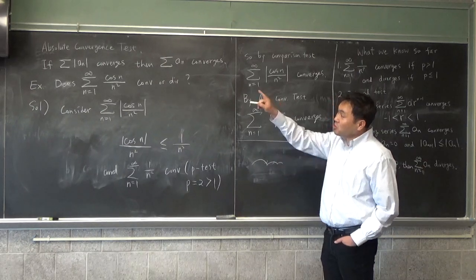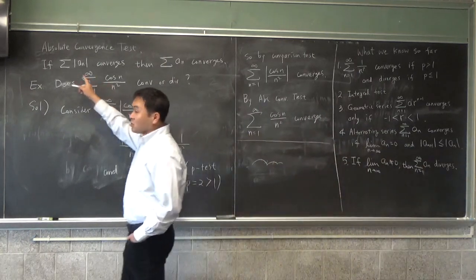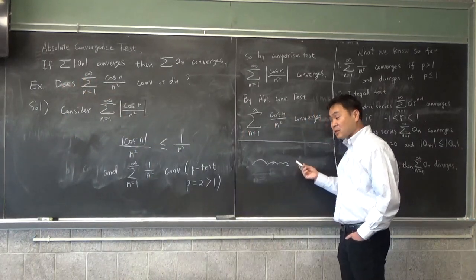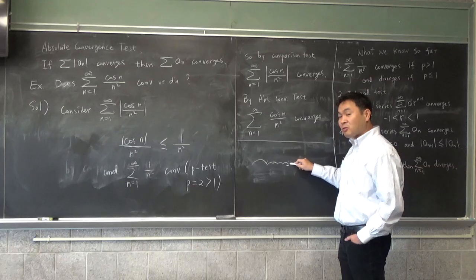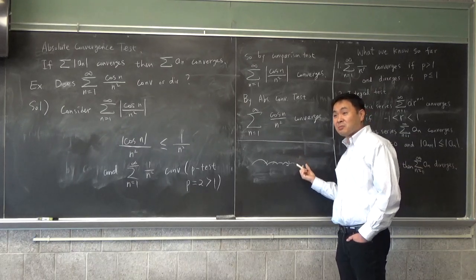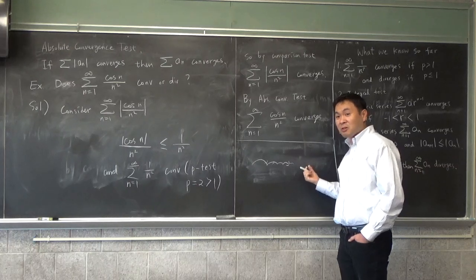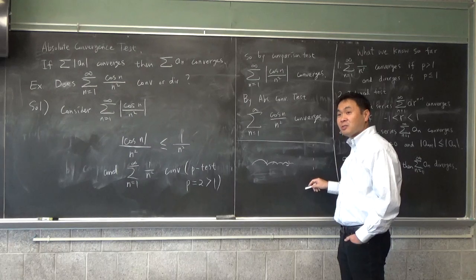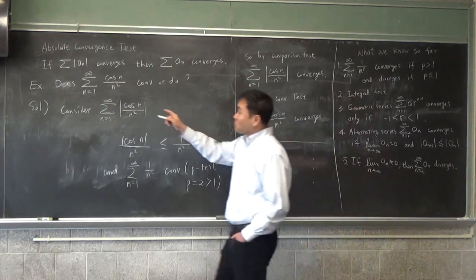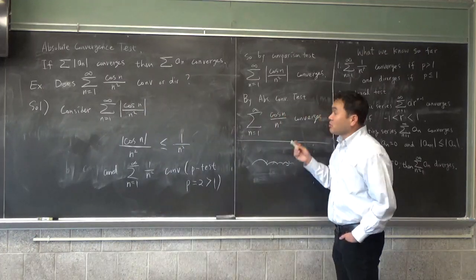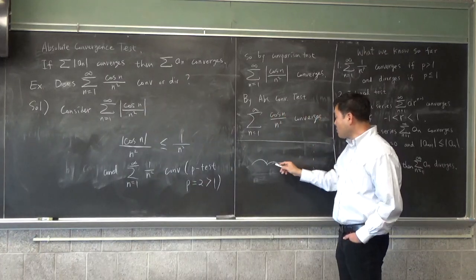So if the absolute value version converges, that means you're always jumping right because you're always adding something positive. But as you're adding, the thing gets smaller and smaller in a very fast manner. It goes to 0 very fast so that the summation cannot exceed a certain value. That's what it means for something positive to converge. But if you take away the absolute value, that means some of these are negatives.